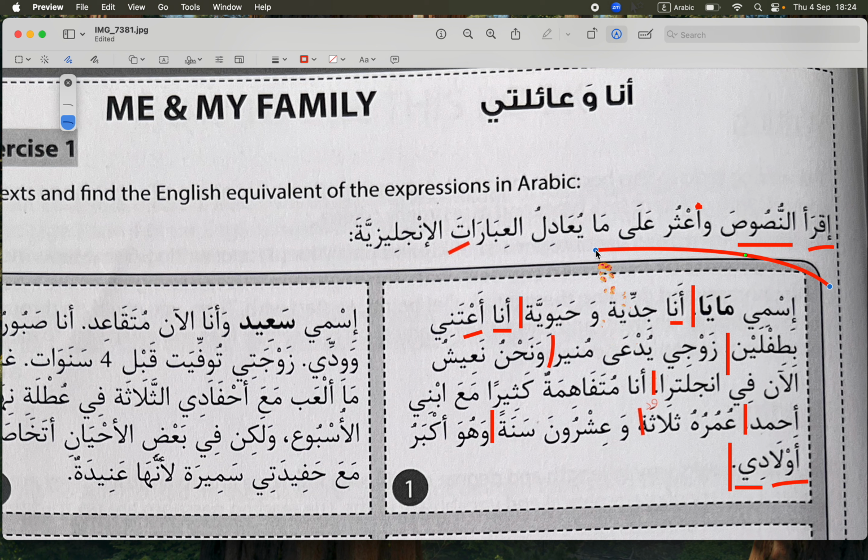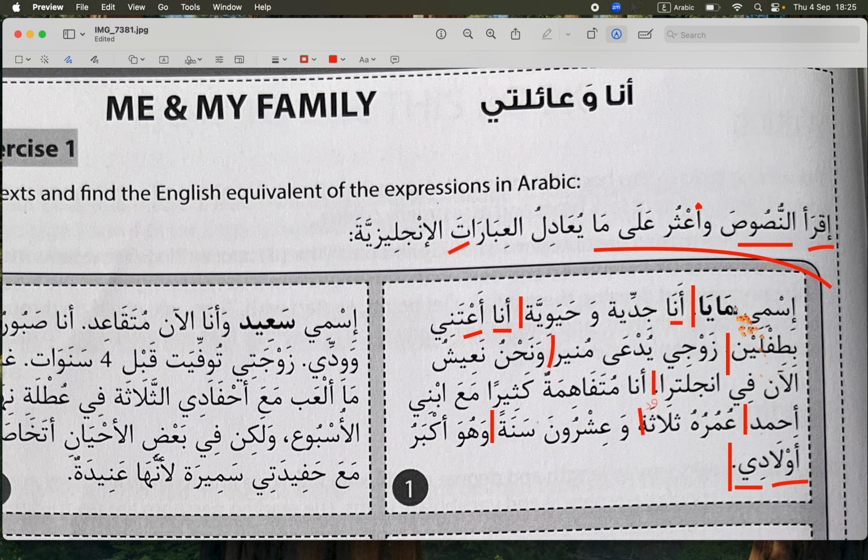هل اسم المرأة مايا؟ اسم المرأة مايا أم زينب؟ Is it مايا أم زينب؟ أحسنتم. مايا اسم المرأة, the name of the woman is Maya. نعم هل مايا تعتني؟ So listen to the words in the question and see where it occurs.